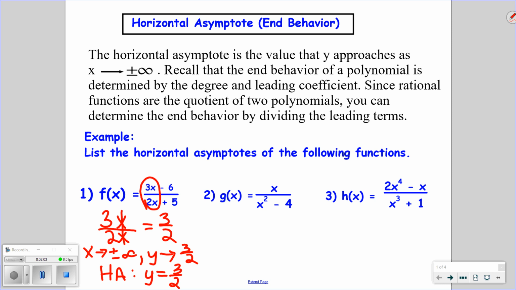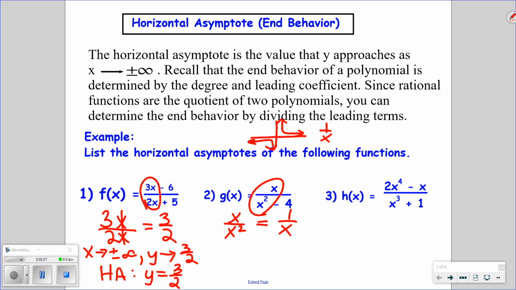All right, let's look at the next example. So again, just divide the leading terms. So we have x divided by x squared. Well, that simplifies to 1 over x. Now, if you recall, 1 over x is our parent function, which, remember, the graph looks like this.